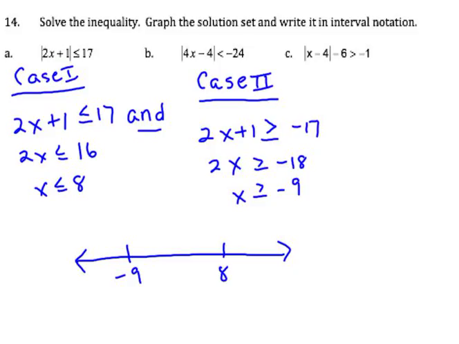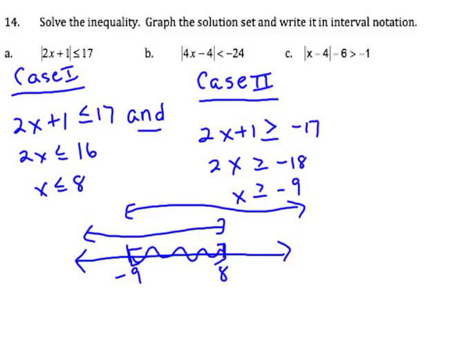So greater than or equal to negative 9 would start here and go in this direction. Less than or equal to 8 would start here and go in this direction. Again, it's an AND problem, so it's an overlap problem. So I'm graphing between negative 9 and positive 8, just where the two graphs overlap each other.